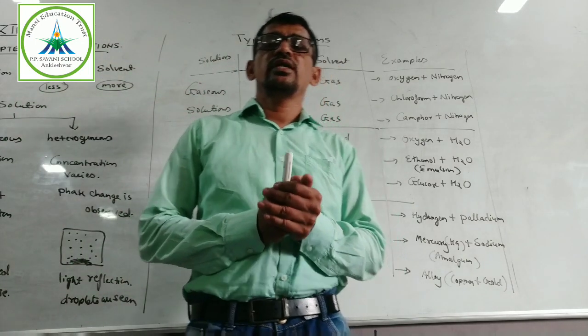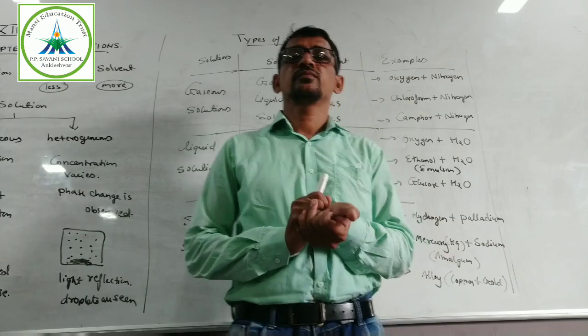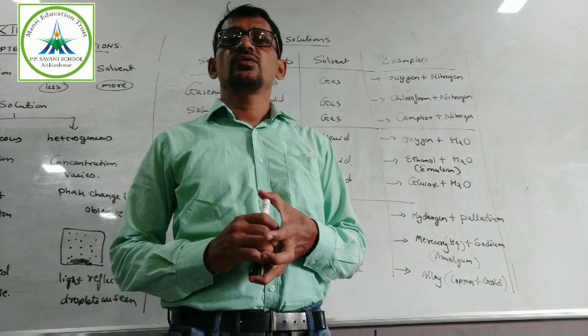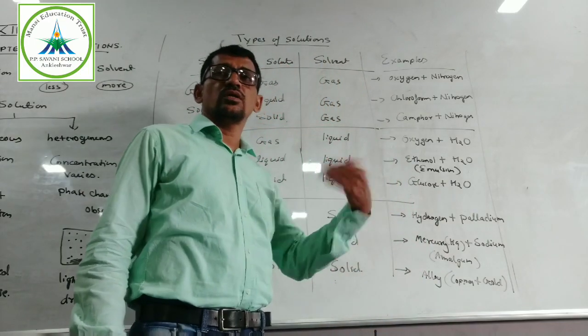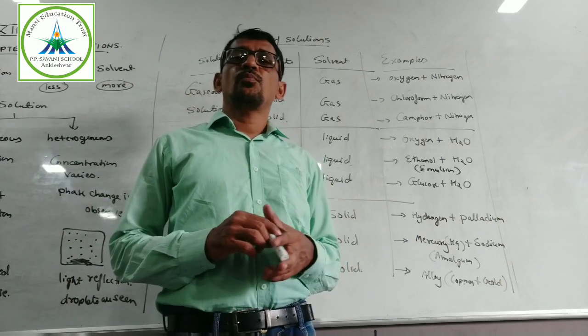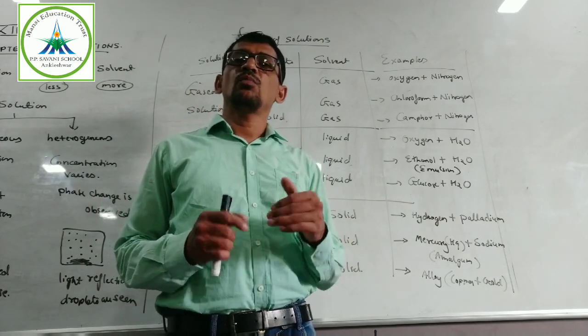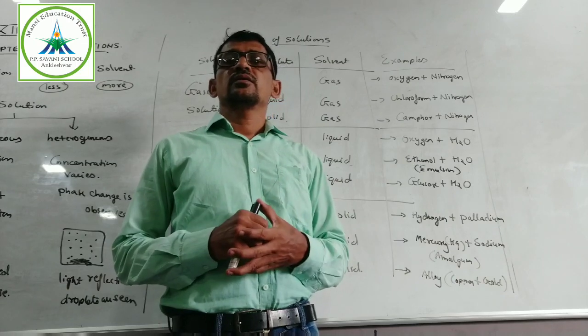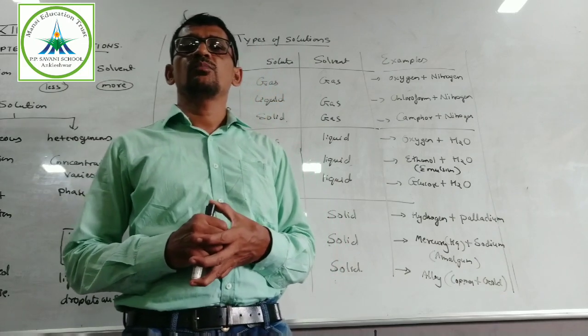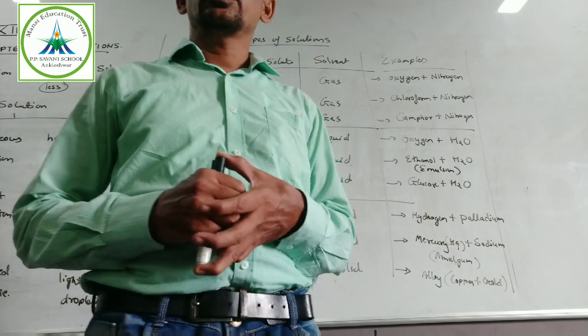The third topic of the day is concentration units. The concentration unit of this solute and solvent will depend upon the percentage or the amount of solute added in different solvents. So one by one we will discuss those concentration units.